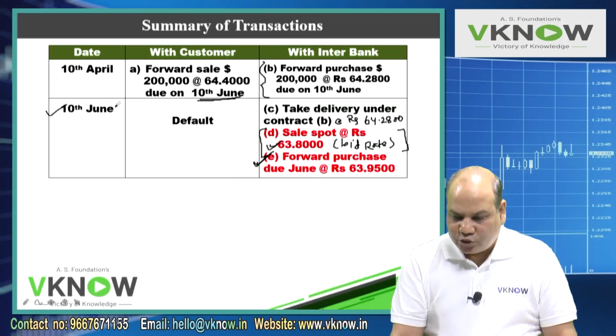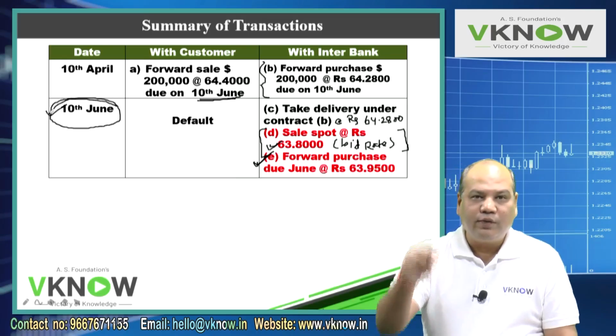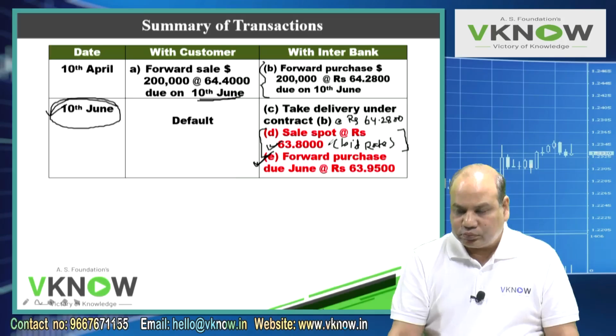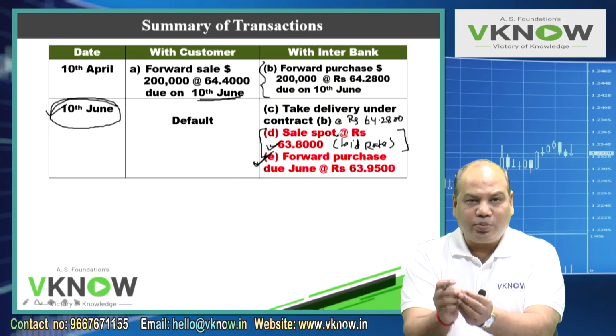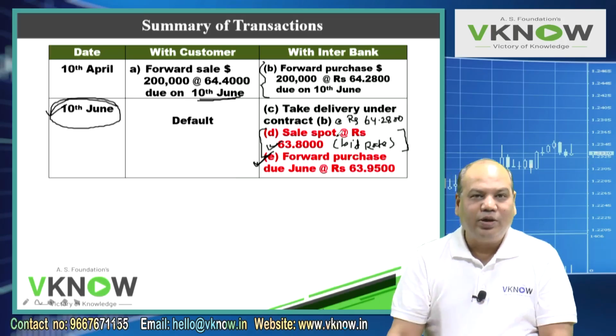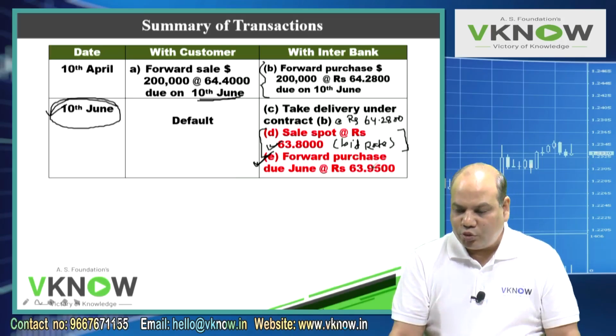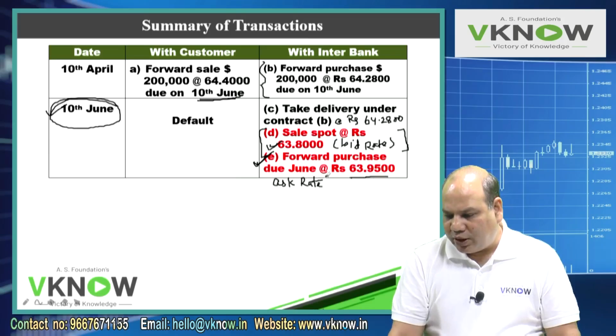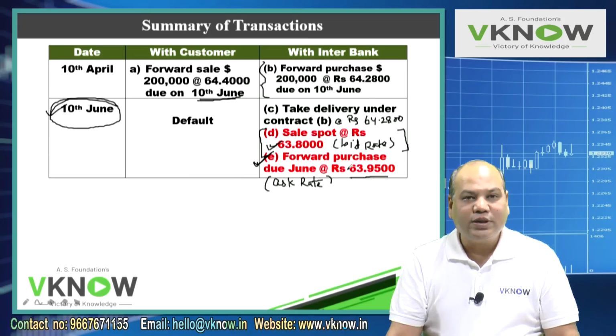Look at the 10th June column. If I have written here 10th June, you have to refer to the 10th June column. This bank would want to purchase, interbank would want to sell. So you will have to apply ask rate. Our bank wants to buy forward. Interbank will sell forward.